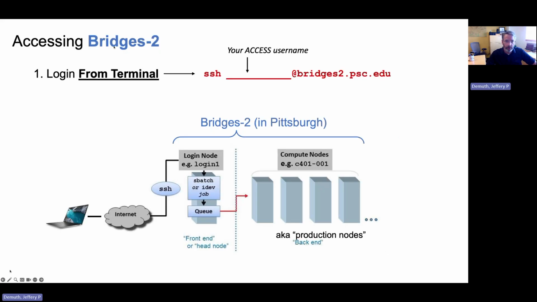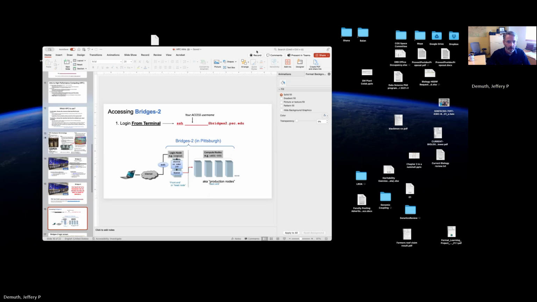Okay, so once you've got your PSC password set up, even before I put you into Access, you should be able to SSH into Bridges 2 because you're not actually going to be running a job, you're just logging in.